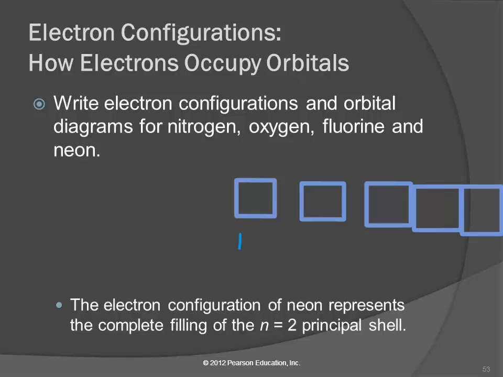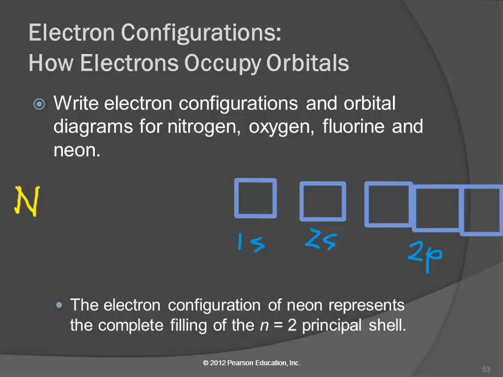So 1s, 2s, and this is 2p. So nitrogen has how many electrons? 7. So these are the orbitals that are available, and they're going to fill them up lowest energy to highest energy.